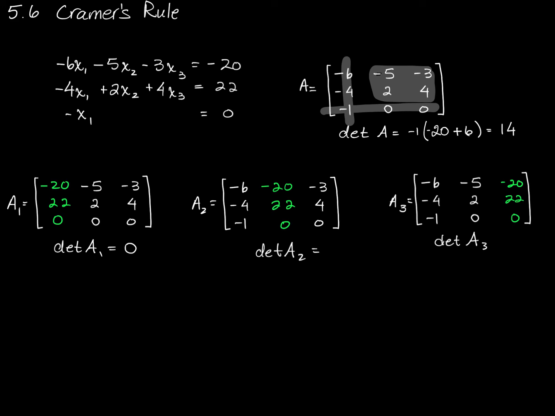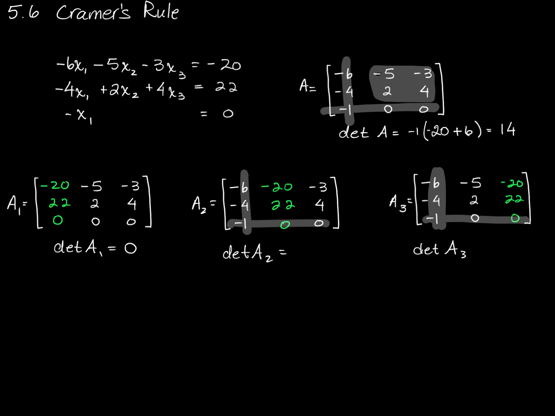For the other two, I'm going to use row 3 in both cases because I have a row that's mostly zeros, and fortunately for me, the other value in that row is a 1. It's a -1, so I do have to be careful with my signs. In both cases, I'm going to use that value to figure out what the determinant of the 3 by 3 matrix is. So for A2, the computation goes like this.